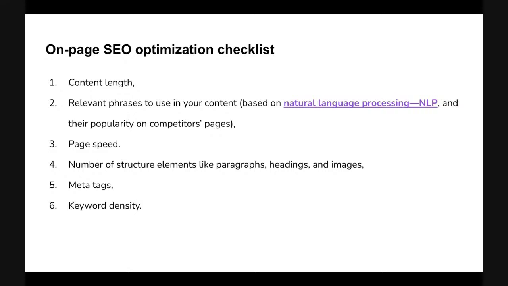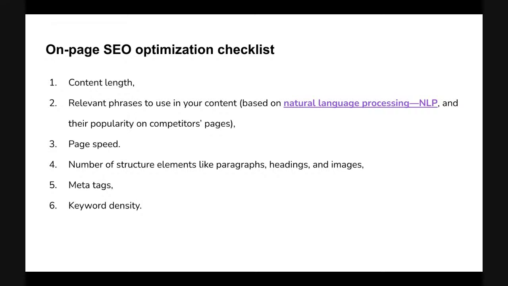The second thing Google's looking for is relevant phrases being used in the content. The way that Surfer, the actual application, the artificial intelligence tool, is designed, it's using natural language processing, also known as NLP.